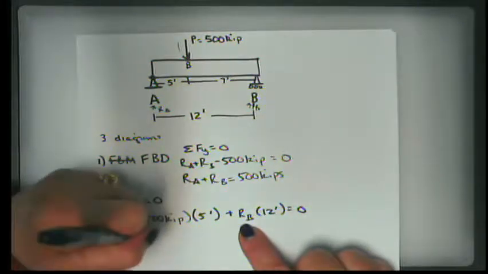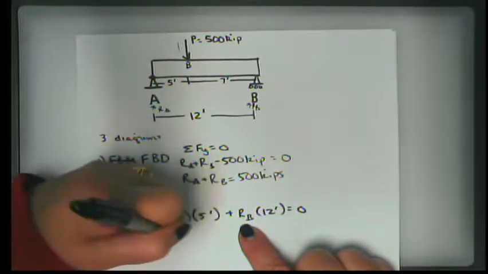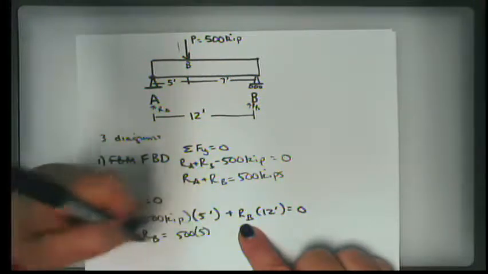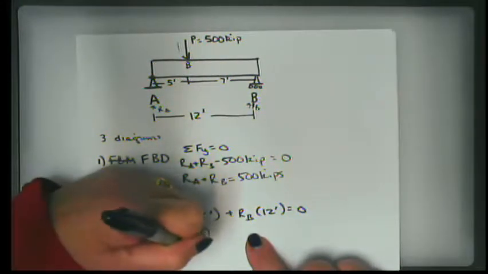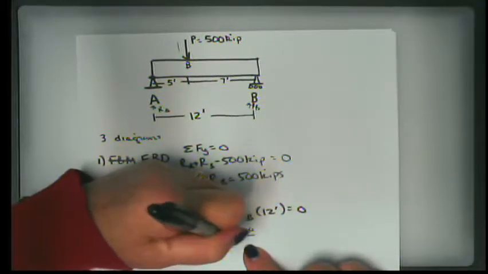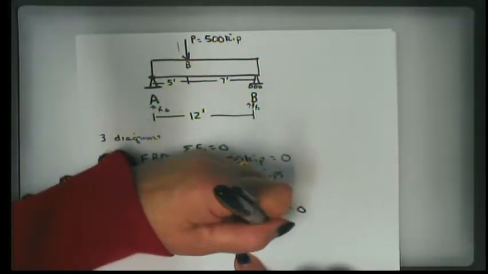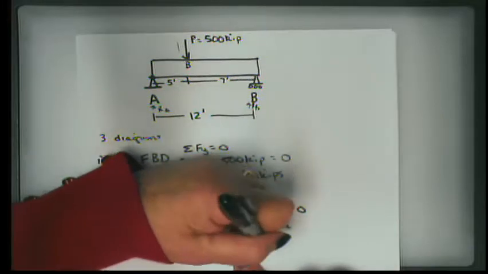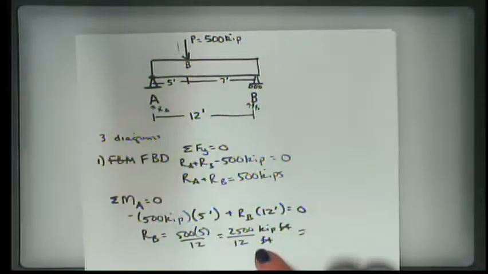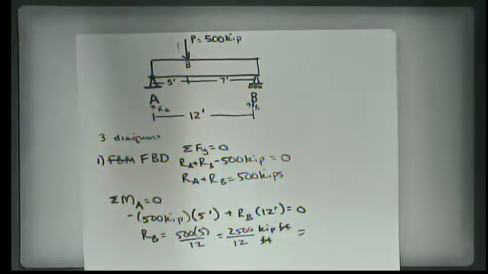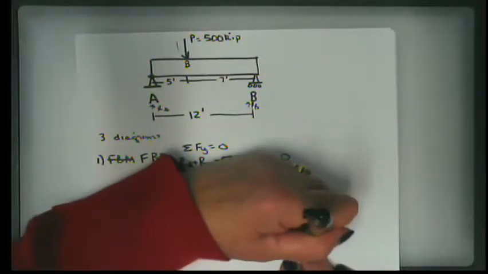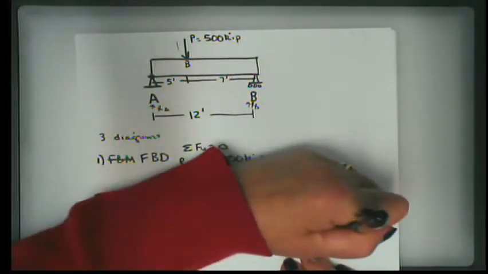I can use that to solve for R sub B. R sub B times 12 equals 500 times 5. I divide both sides by 12, and I get 2,500 divided by 12. This is in kilopound feet, and this is in feet, so my answer will come out in kilopounds. 2,500 divided by 12 is 208 and a third, 208.3 kilopounds.